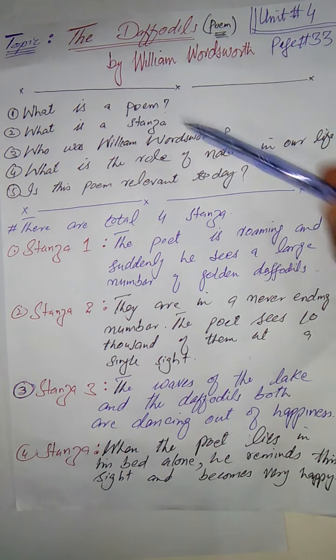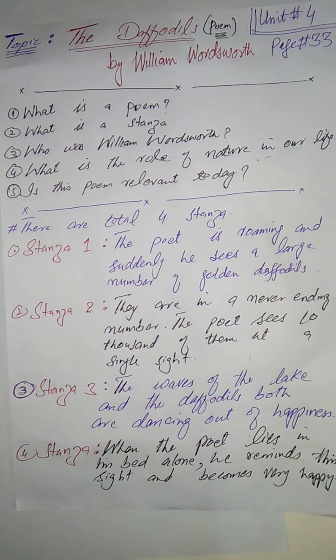Okay, now what is a stanza? When you are writing an essay, you write paragraphs. A paragraph is a combination of many lines supporting a single idea, a single thought.